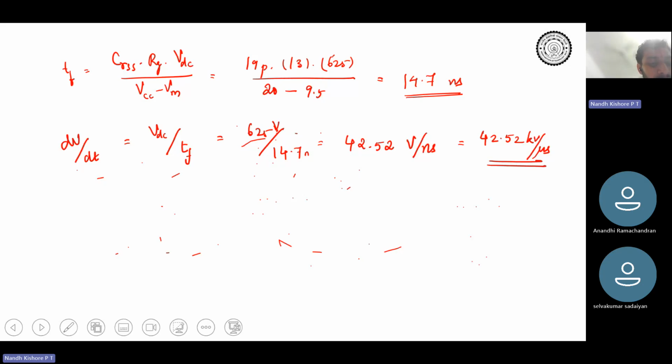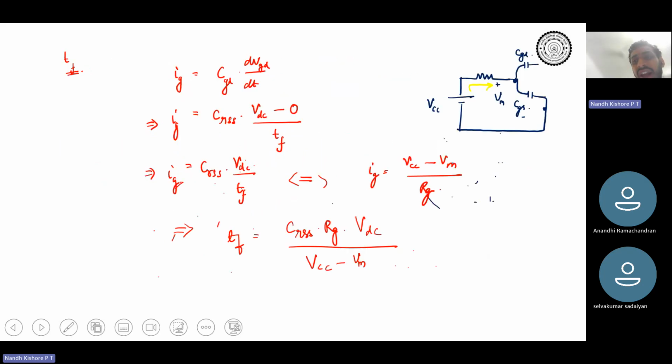We saw the assumption that the entire gate current is redirected through CGD. So far, the gate current was flowing through CGS. Now it is going through CGD. Because the VDS voltage is very high, the dV by dt across drain source is very high, so dVGS by dt is very, very small and can be neglected.